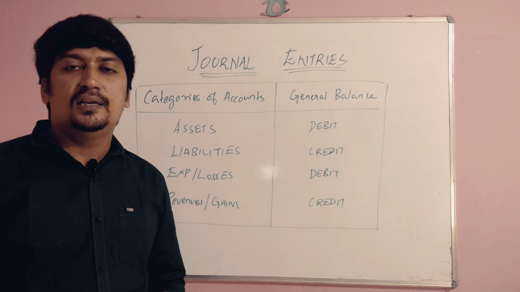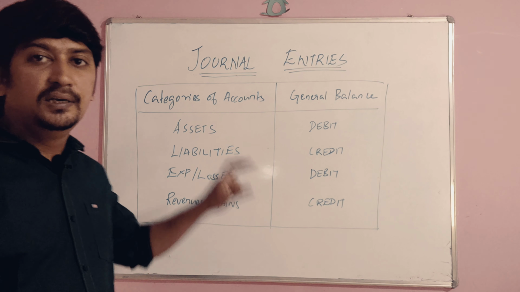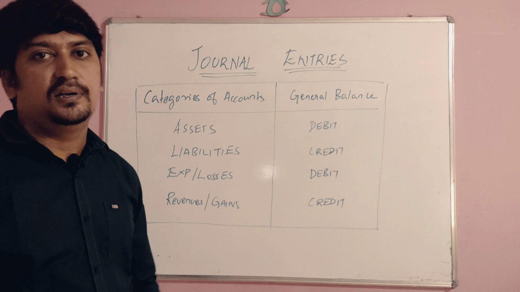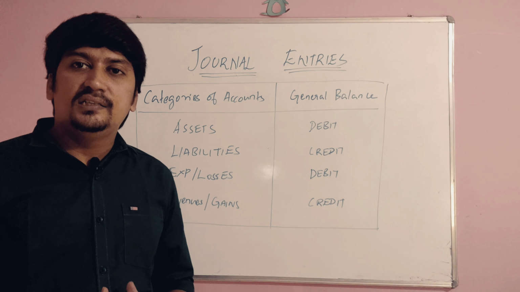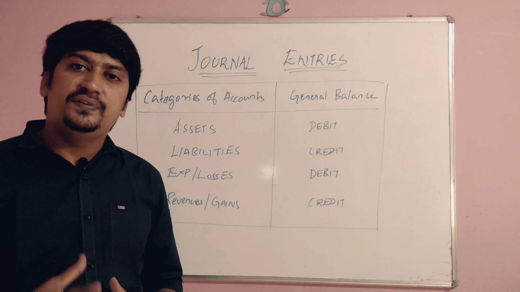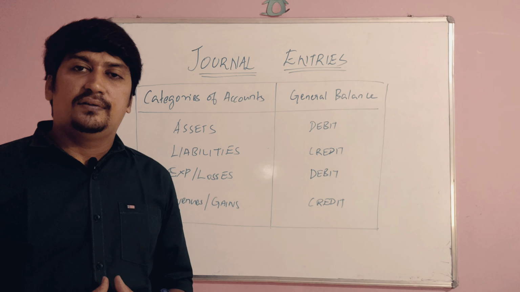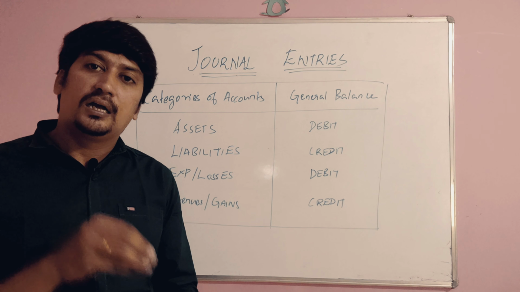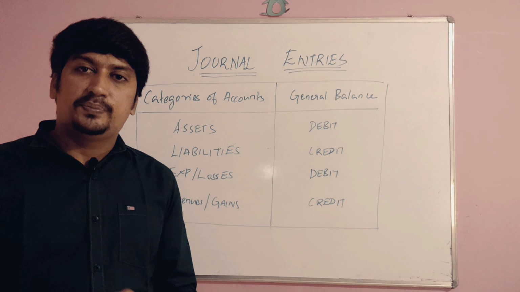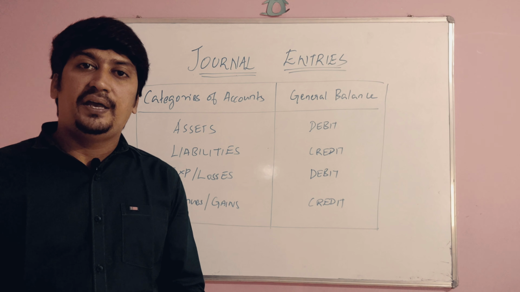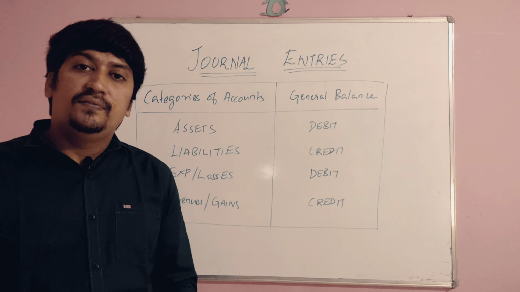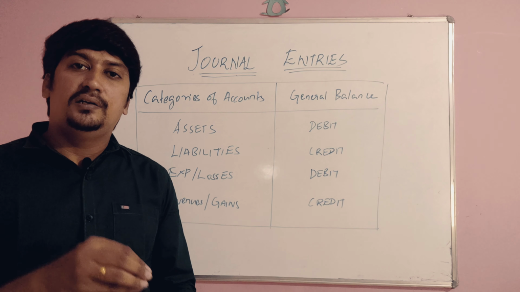Okay, to understand journal entries, the first thing that you need to know is categories of accounts and their general balance. Categories of accounts, nothing but in accounts we record so many things, like we record a person, debtor, creditor, we record expenses like rent, wages, salaries, and we also record assets, land, building.